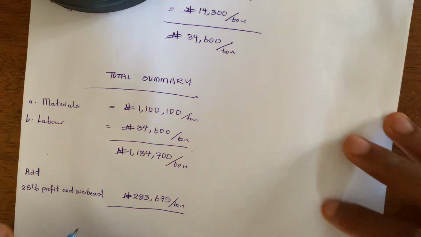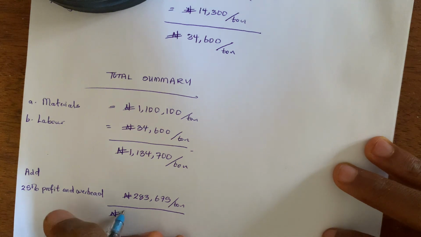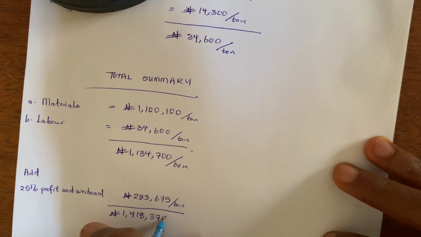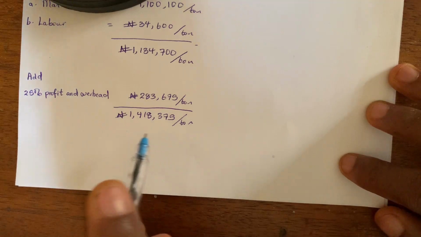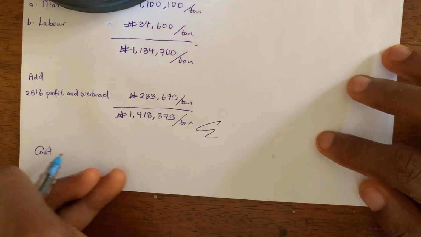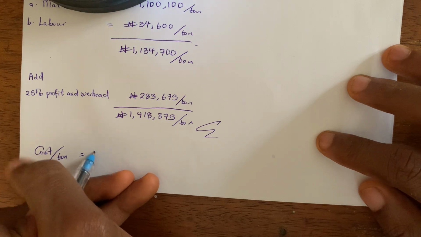We can now add them together, and that will be equal to 1,418,375 naira per ton. So this price is the cost per ton of our 12 mm reinforcements.